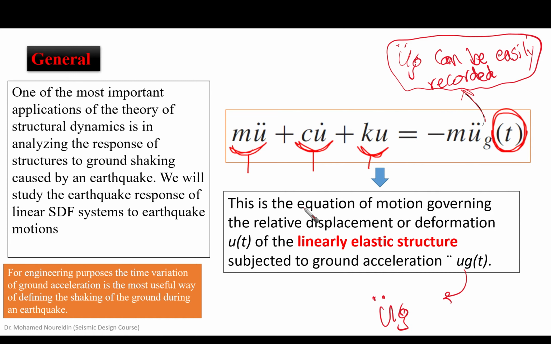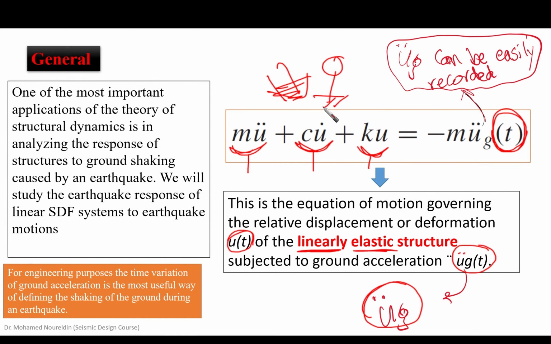Okay, this is the equation of motion governing the relative displacement or deformation of linearly elastic structures subjected to ground acceleration, which is u double dot g of t. This is the equation of motion for the ground excitation for any single degree of freedom system.